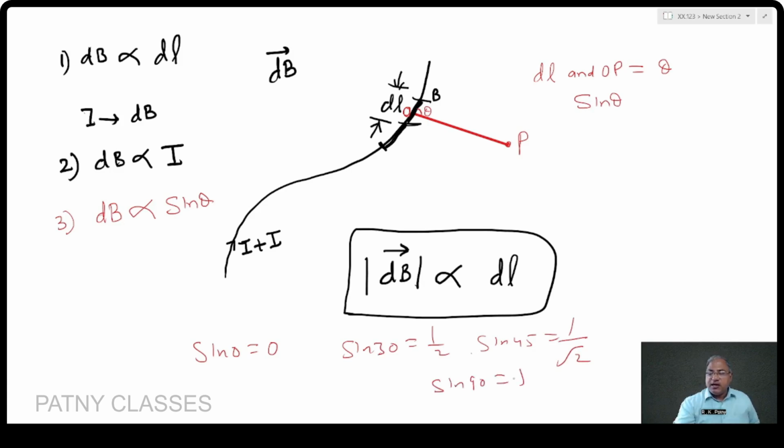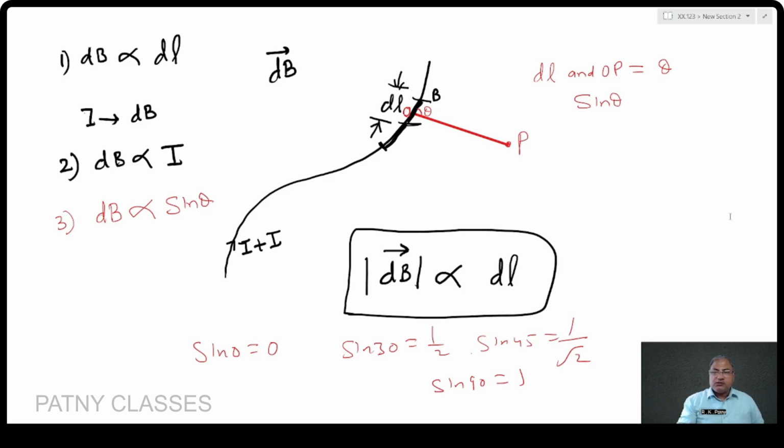That means as theta increases, the value of sine theta also increases. As sine theta increases, the value of magnetic induction also increases.